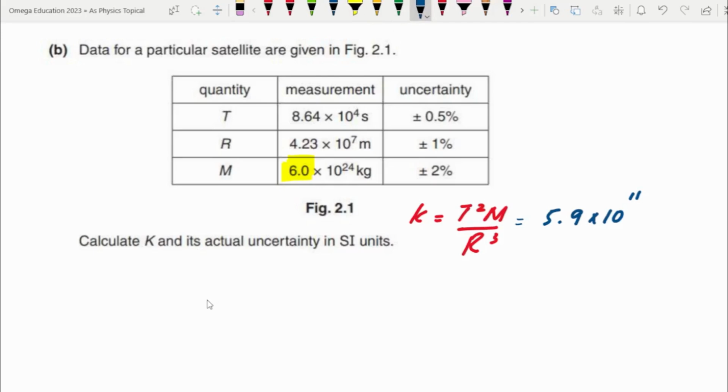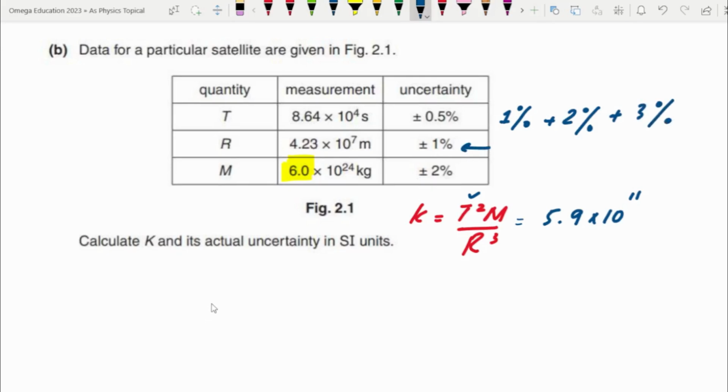Now we need to find the absolute uncertainty. In the formula we have T squared, so the uncertainty would be twice the uncertainty of T, which is 1%, so 2%. For the mass we have 2%, plus 3 times the uncertainty of R, which would be 3%.